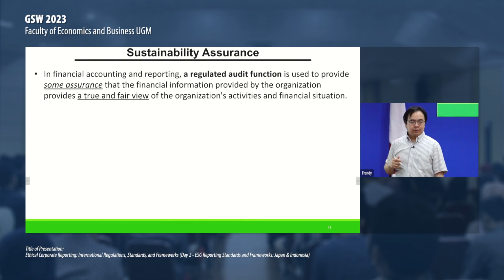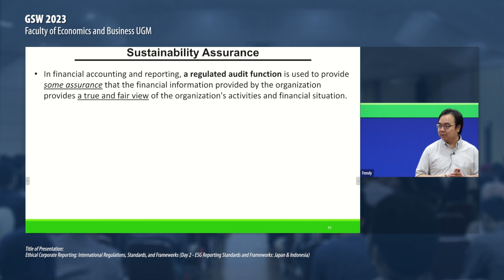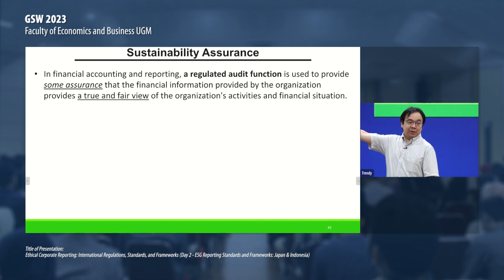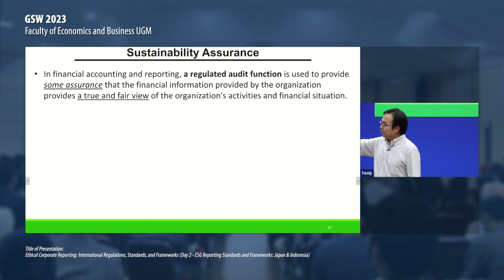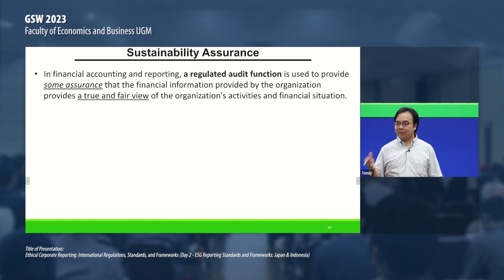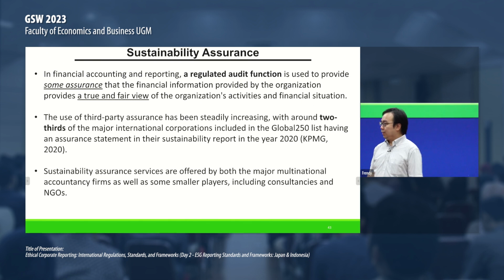That's the function of audit: to provide some assurance that the information disclosed by the company is true and fair. So some assurance, that's the keyword. It's not total assurance or a guarantee, just some.